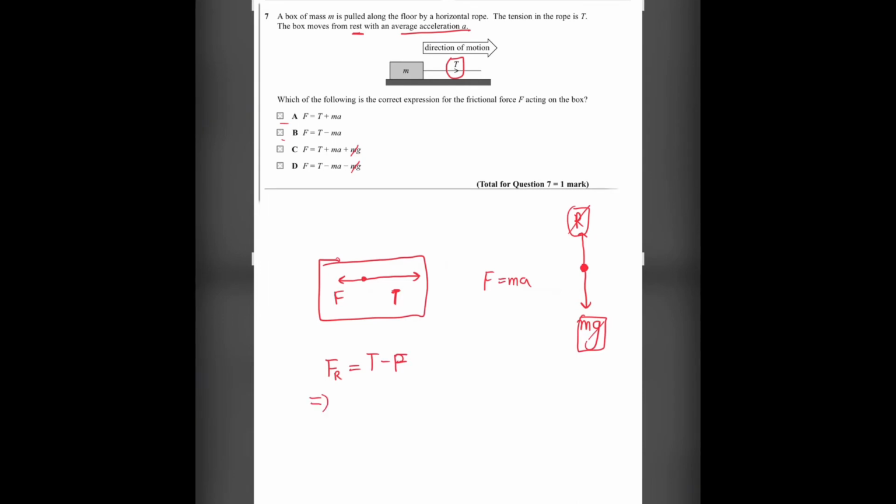The resultant force F equals ma. So ma equals T minus F. If we make F the subject, minus F equals ma minus T, so F will be equal to T minus ma. So this matches with option B. So this is the answer.